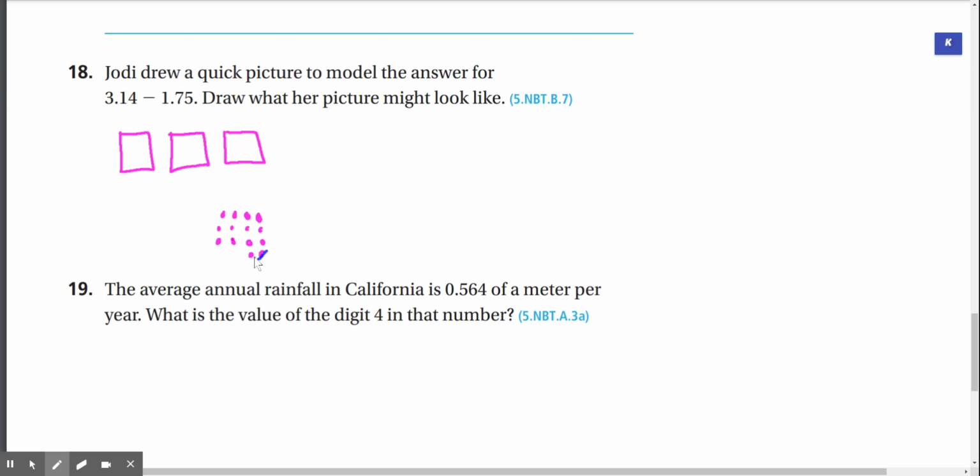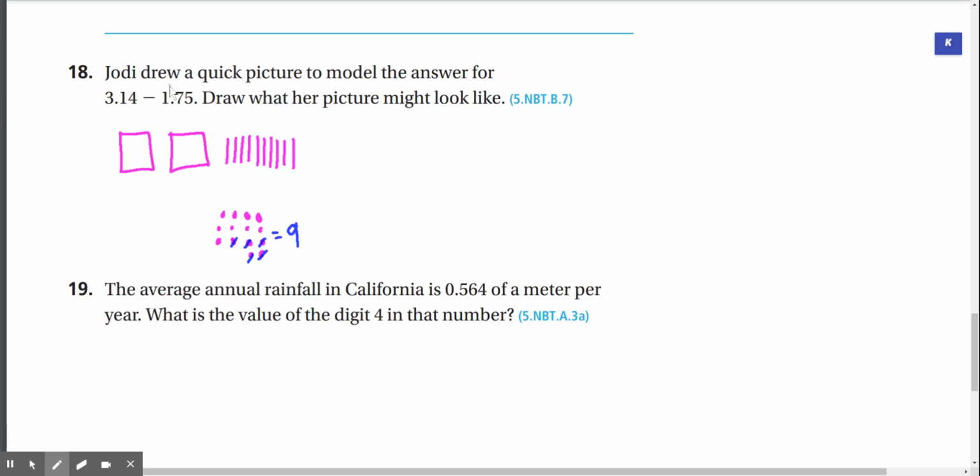So that'd be 1, 2, 3, 4, 5, and we're left with 9 dots. Now we subtract the 7. Well, we don't have any sticks, so we're going to have to regroup again one of these squares and turn that into sticks.